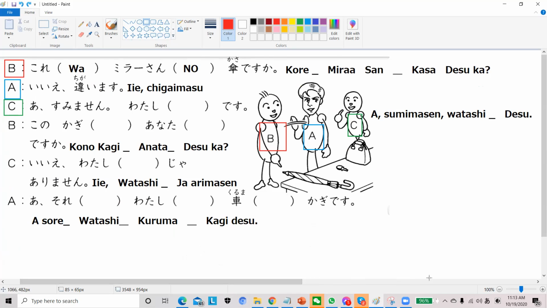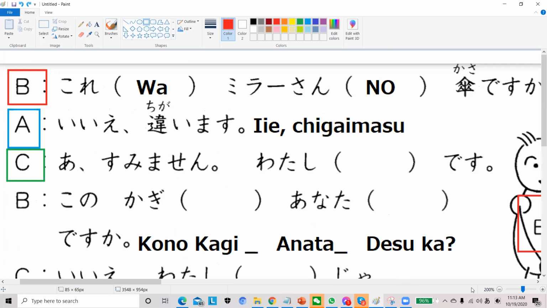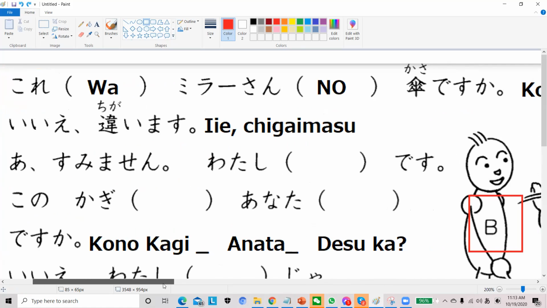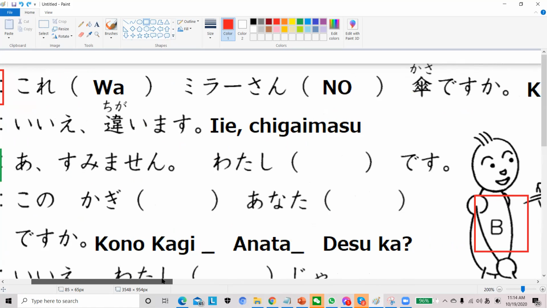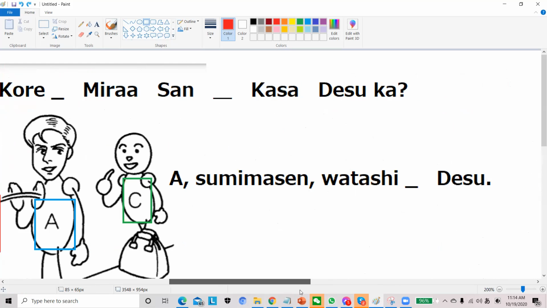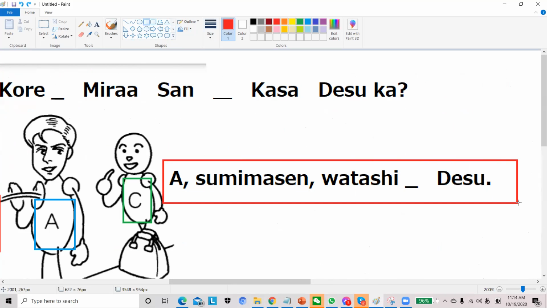Then we have our C. What does letter C say? Kairin-chan, what does it say with the letter C? Kairin-chan, imasu ka? Imasu.